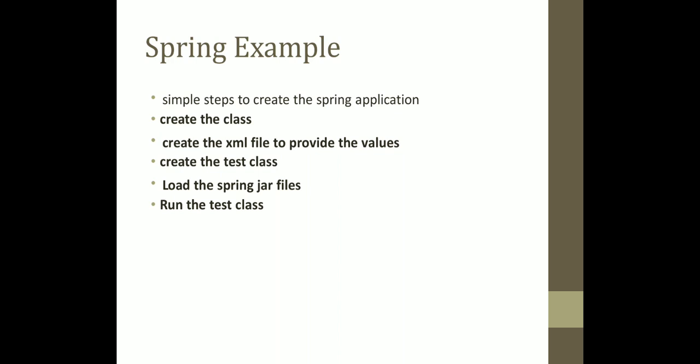Things to remember about running the application: we have to create the class, create the XML files to provide the values, create the test class, load the Spring jar files, and run the test class.